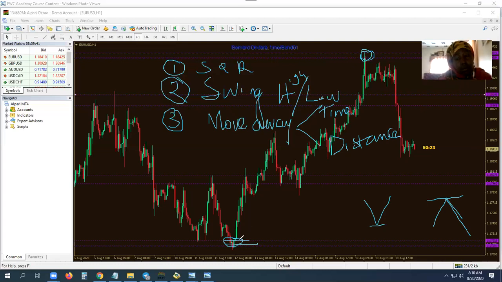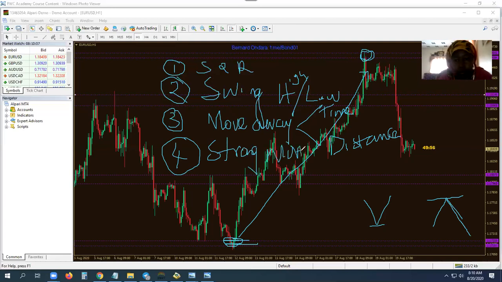For example, look at this as this support. All these candles, look at the distance the price has traveled so far, very far. Okay, and then we did say that you need to expect to see a very strong candle, strong movement from those levels. How do you spot strong movement?